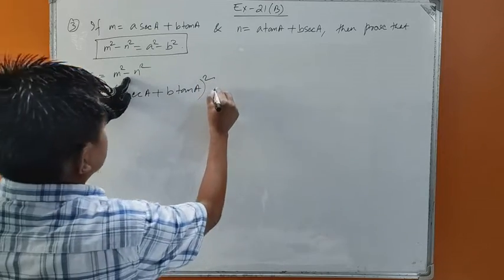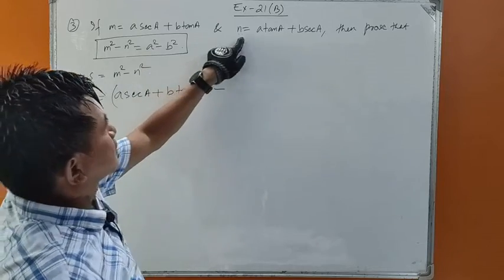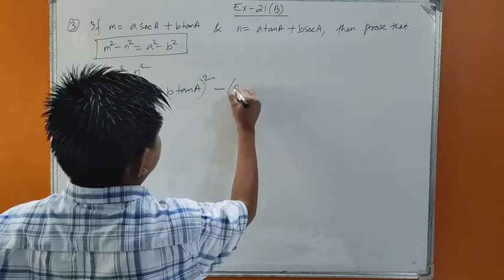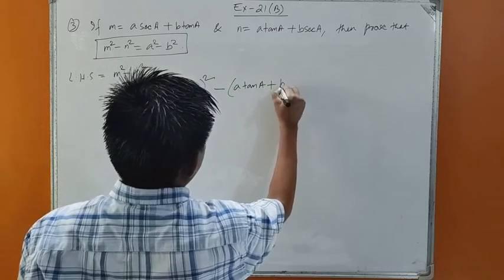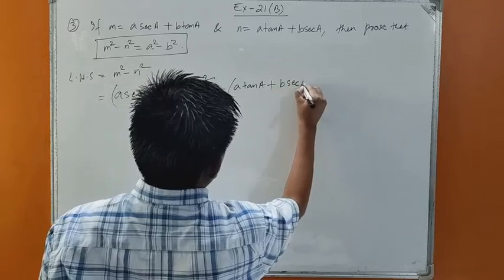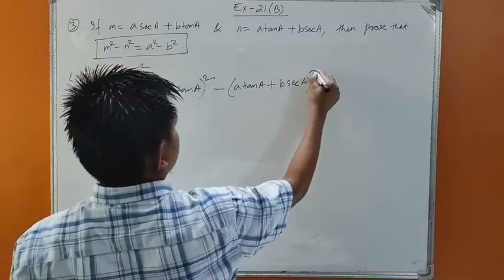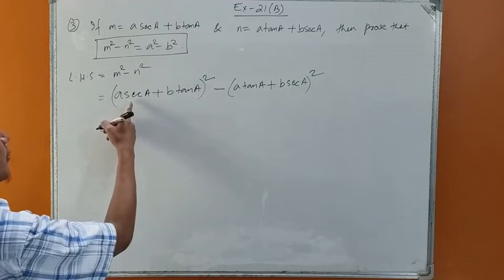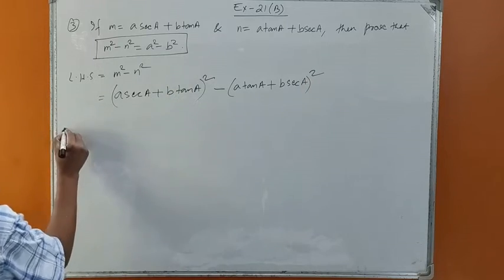Minus, this is minus n square, isn't it? So n is a tan a plus b sec a. So instead of n we write a tan a plus b sec a. So n is squared. So what we do is we put the formula a plus b whole square. Very simple formula, isn't it?